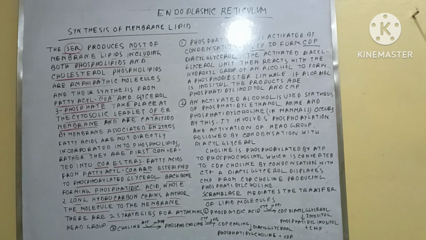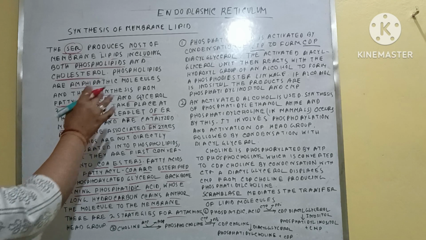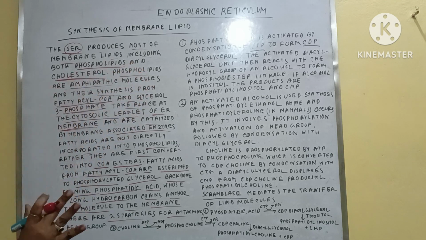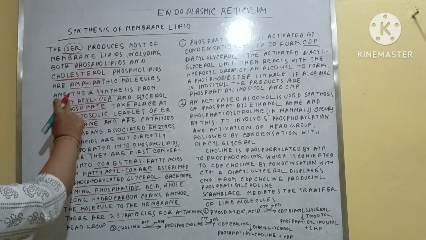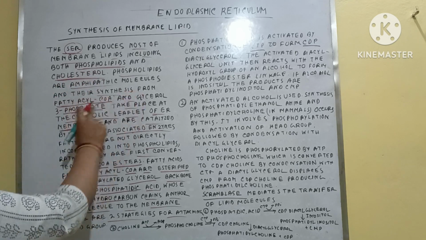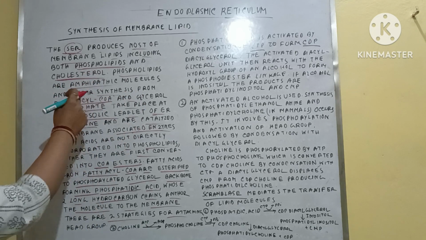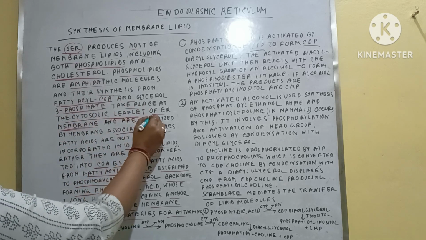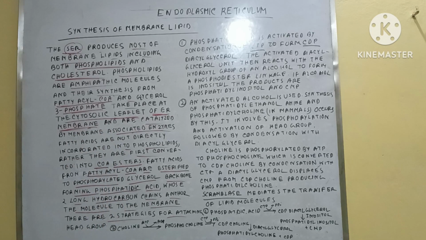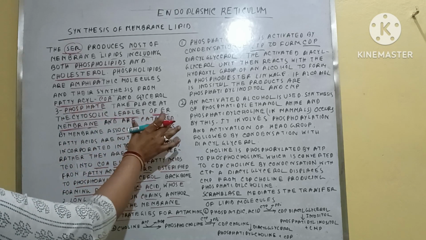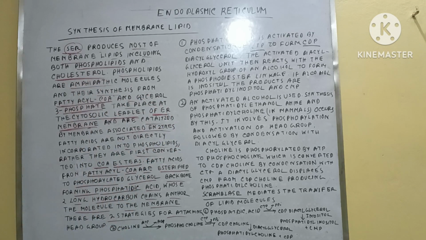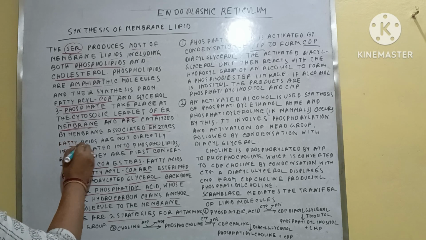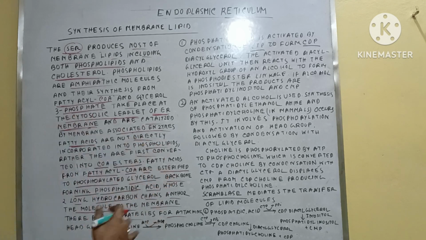Again I repeat, these phospholipids are amphipathic and are synthesized from fatty acyl CoA and glycerol 3-phosphate, and this occurs totally within the cytosolic leaflet of the ER membrane, catalyzed by enzymes present within the ER membrane. These fatty acids are not directly incorporated into the phospholipids.